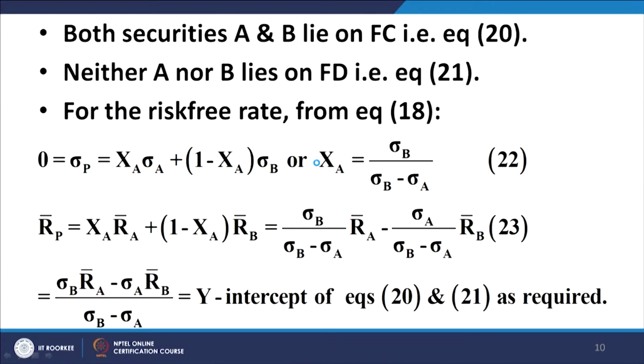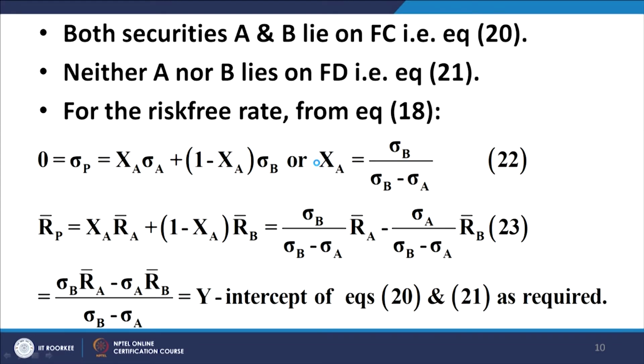So, let us recap. Both securities A and B lie on FC, that is equation 20. Neither A nor B lies on FD, that is 21. For the risk free rate, as I mentioned just now, we can solve and simplify, and what we find is that the risk free rate is equal to (sigma_B r_A minus sigma_A r_B) divided by (sigma_B minus sigma_A), which is the y intercept of equations 20 and 21 as required.